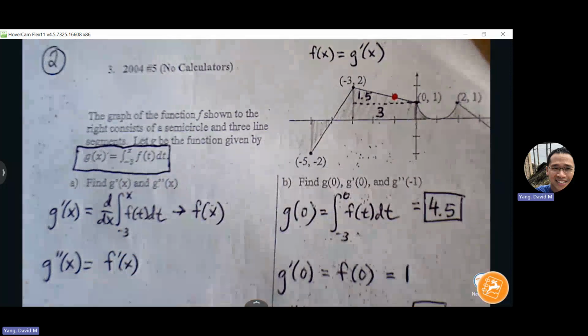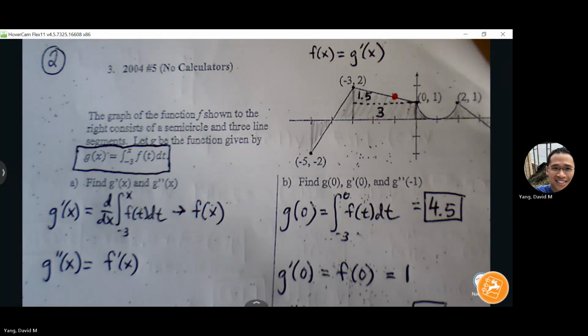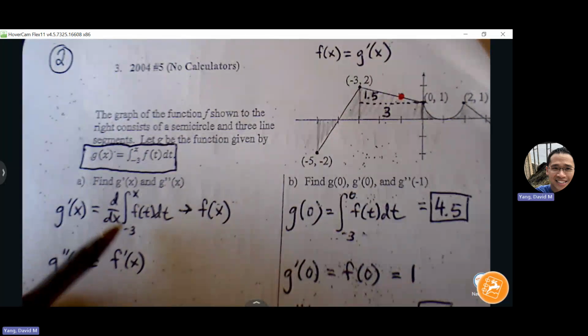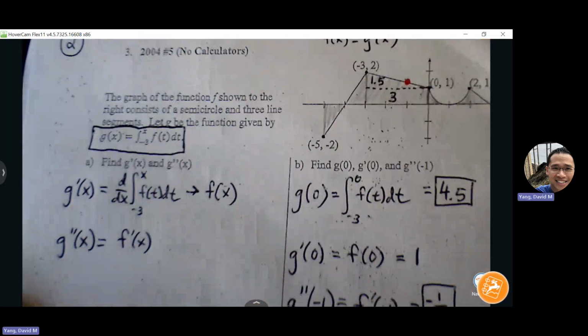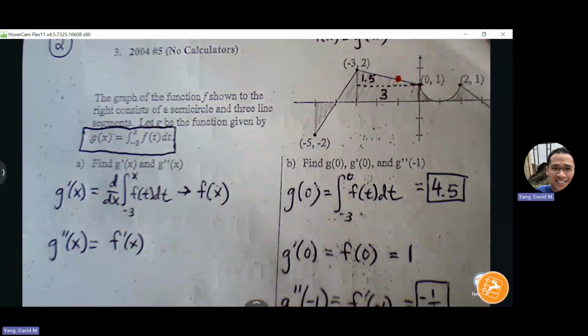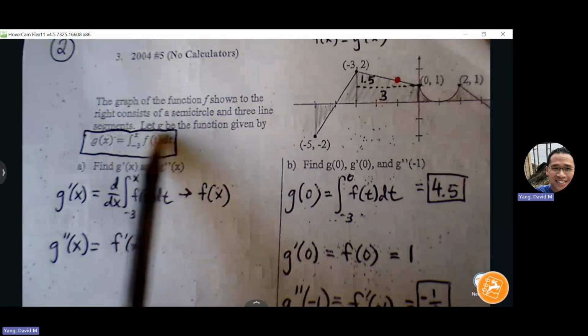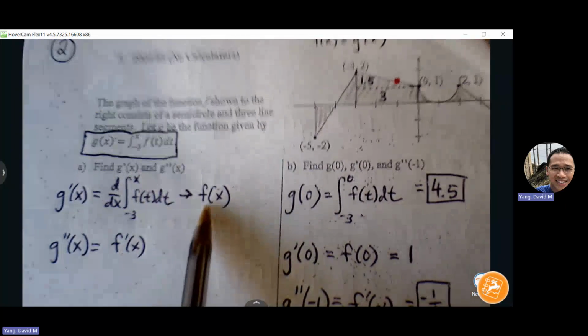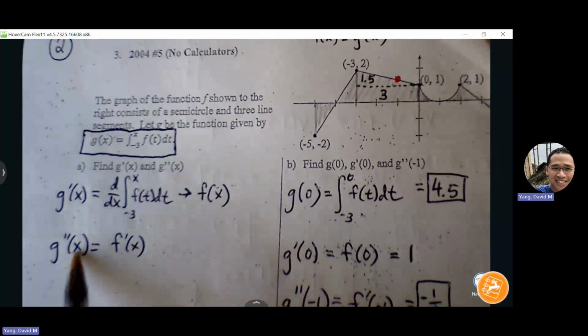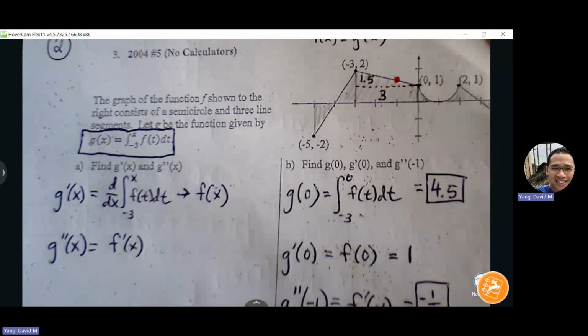So we know the derivative of an integral is really the second theorem, and the second theorem is going to allow us to get these two operations to cancel each other out, and we're basically down to f of x. And g double prime is f prime, so there's that staggered relationship. G is the area under the f, g prime is the ordered pair of the f, and g double prime is the slope or the derivative of f.